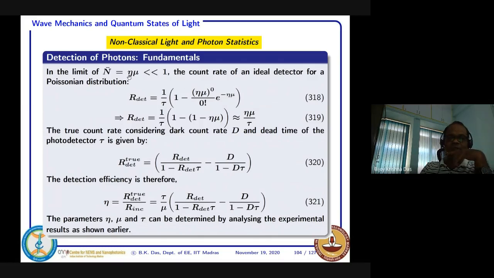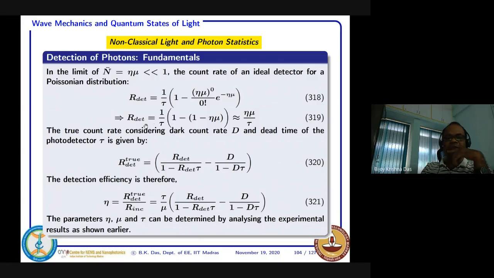Now since we have assumed that eta mu is much less than 1, hardly will you find a photon in that window. So this term is obviously coming as 1, right? And then e to the power minus eta mu, since it is less than 1, you can expand taking the first two terms of the exponential, so 1 minus eta mu.